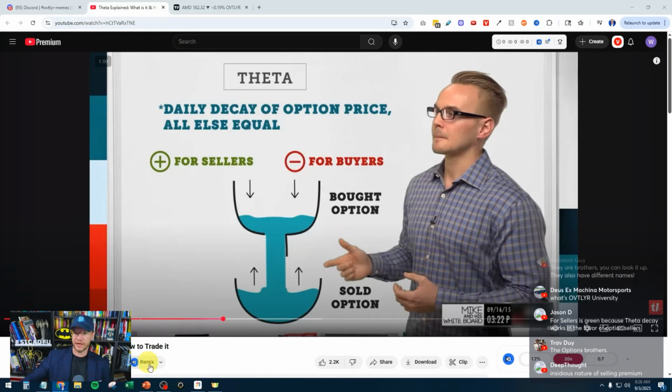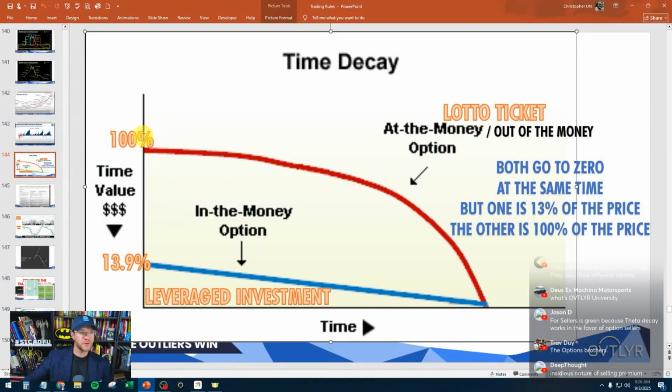Why? Now, let's say that you sold this option, okay? And you're going to get paid every day, okay? Imagine this is how much you're getting paid from 0 to 100. You're going to get paid every day. Sure, that sounds great. The issue is that you must.